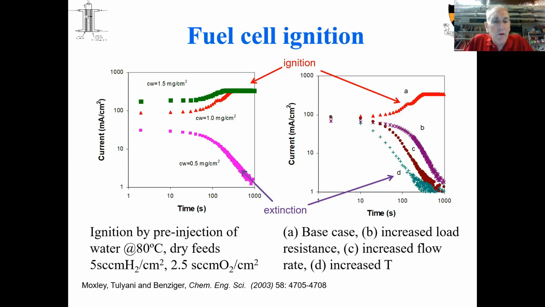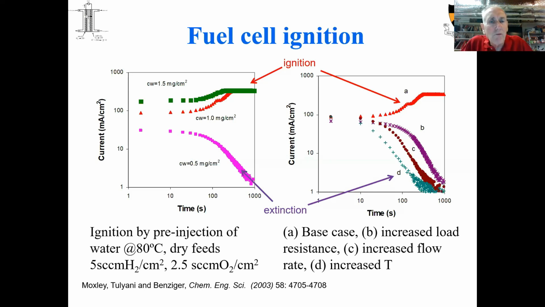So we pre-injected water into the fuel cell, set the flow rates of hydrogen and oxygen with no additional water, and we ran the fuel cell. And the results shown here show that if we were below a critical water concentration, in this case 0.5 milligrams per square centimeter, you see that over time the current drops off and the fuel cell essentially becomes inoperable.